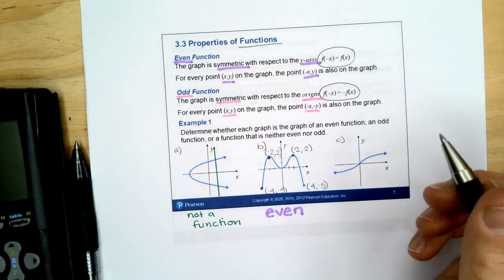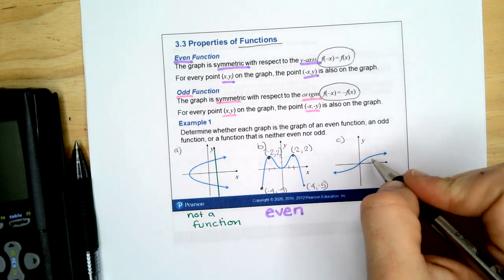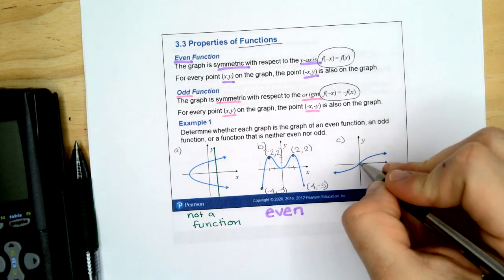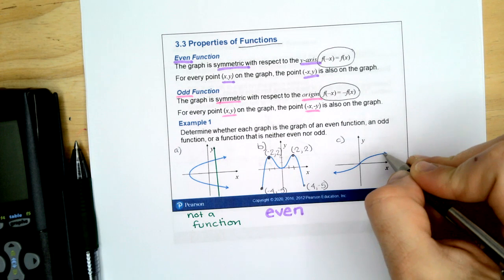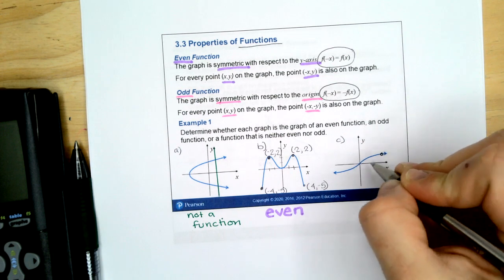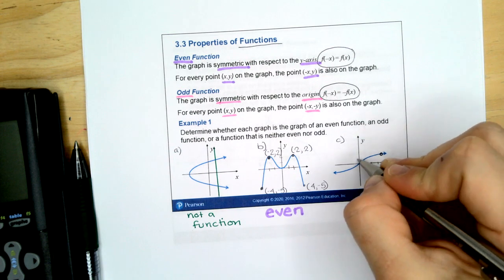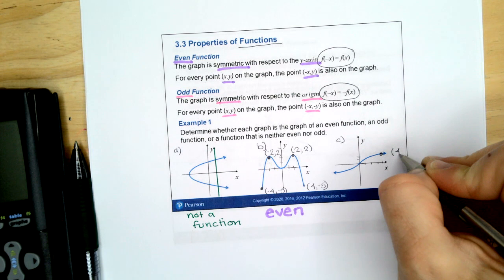Is this one symmetric with respect to the origin? If we are doing one example of each, then this one should be symmetric with respect to the origin. So I'm going to pick a point. Don't pick the point at the origin, that one won't work, but let's pick a point far away from the origin. So maybe this is x equals 4, because I guess that's how many I drew.